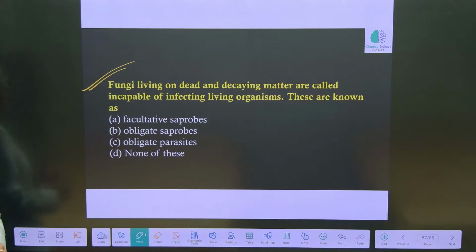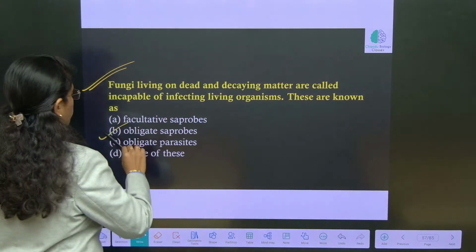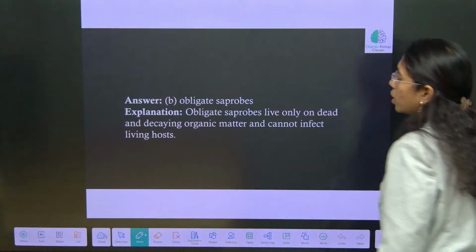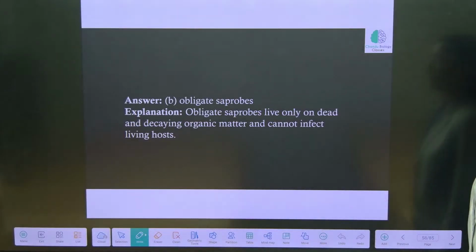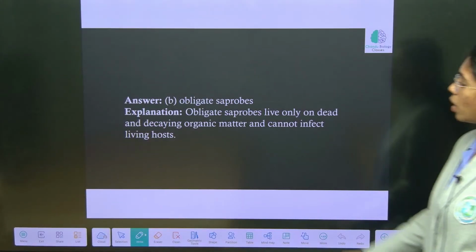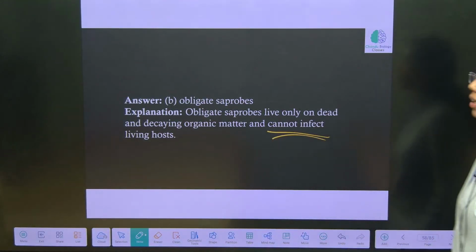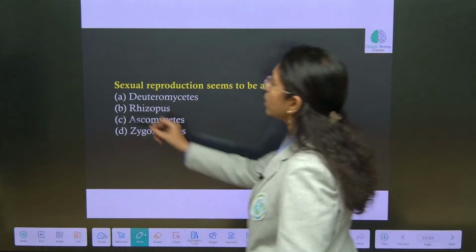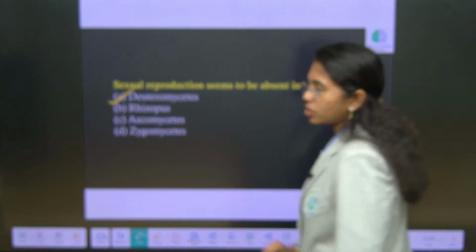Fungi are obligate saprobes. They live only on dead and decaying organic matter, and they cannot infect the living host. Next, sexual reproduction is absent in Deuteromycetes. All the fungi which belong to the Deuteromycetes class will not have the perfect sexual stages.